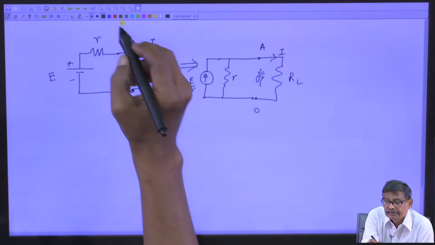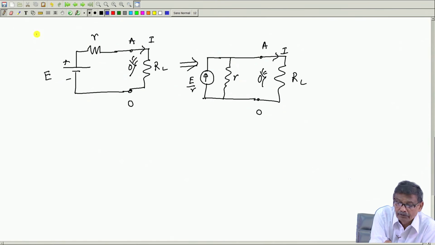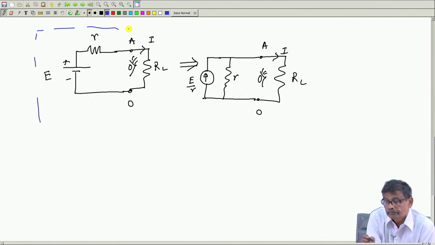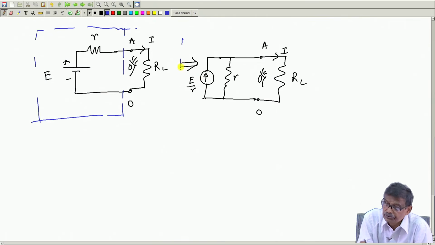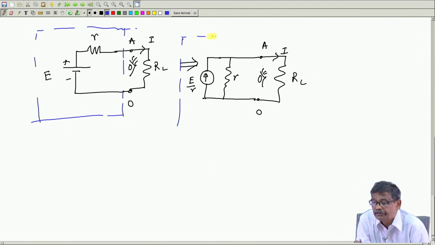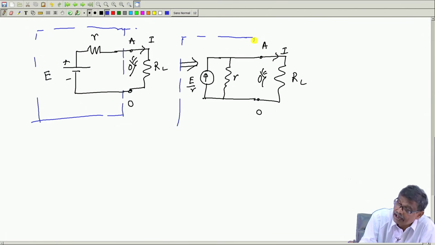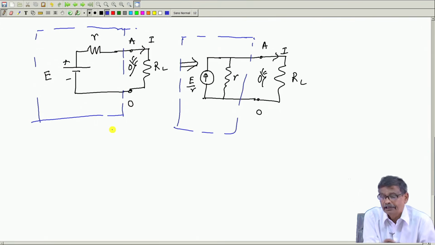That is, if this thing would have been in a black box, these two things are indistinguishable. Okay, this argument is as strong as this argument.